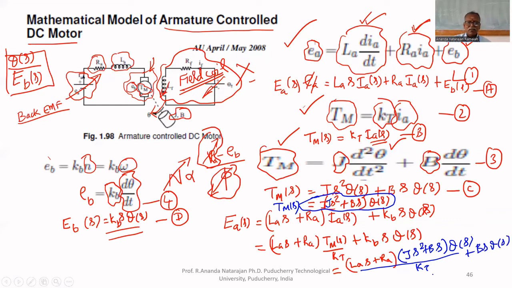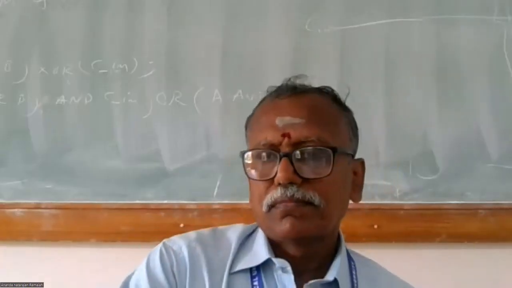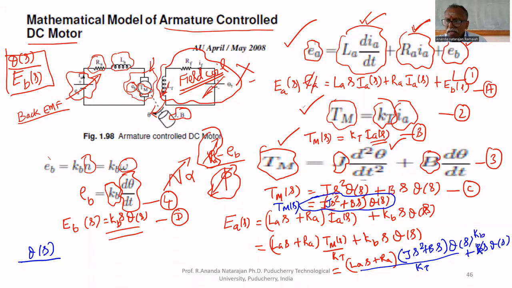Now we can find theta of S upon EA of S. You bring everything here.